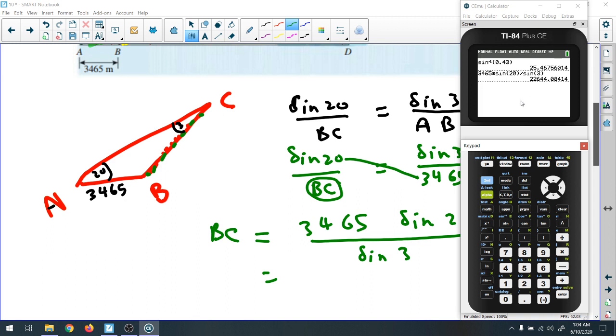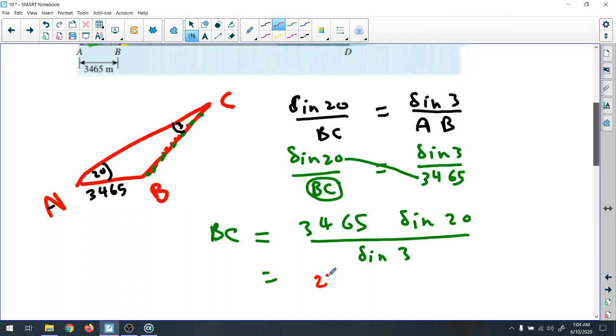It will be 22,644. 22,644 miles. Makes sense. Meters, I mean. The unit is meters, not miles.